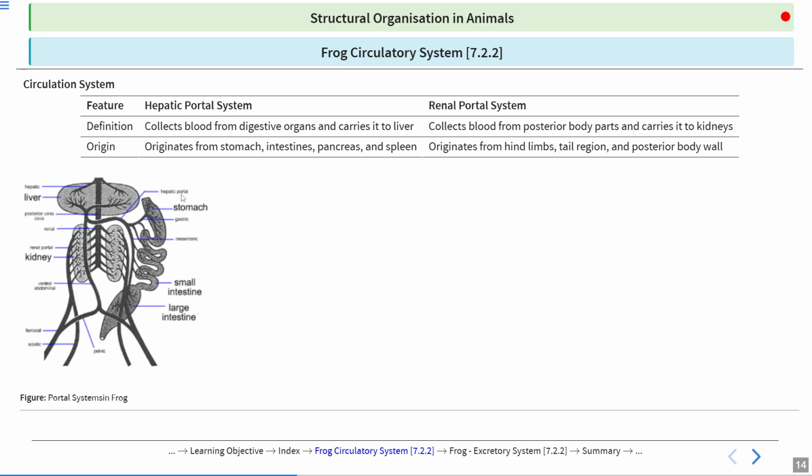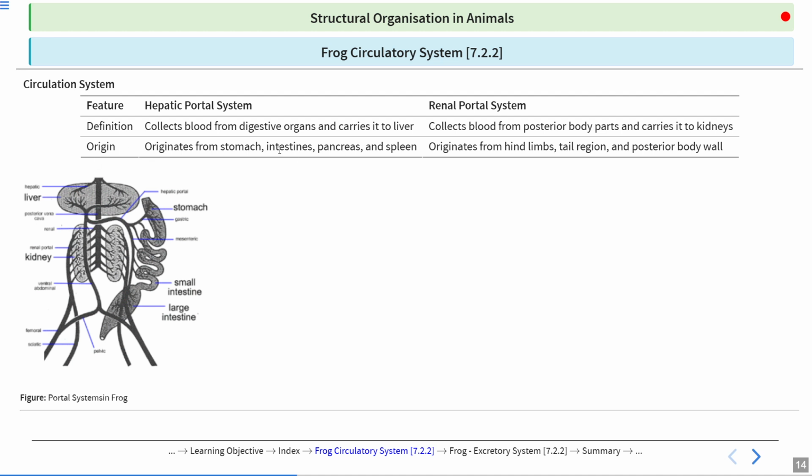This hepatic portal, it is joining here, and then where is it going? It is going to the liver. And see about this renal one. The large intestine is there, the small intestine is there, and here you can see the kidney. This is coming from the lower parts of the body, and it is going to the renal part, that is the kidney, right?